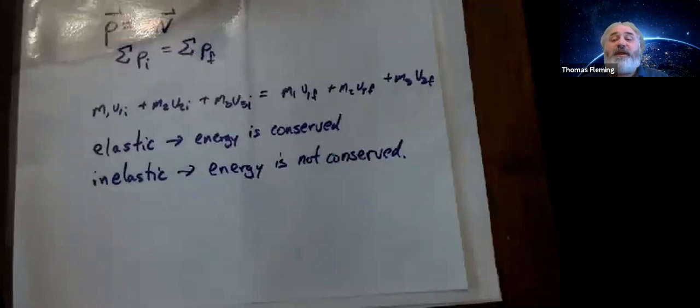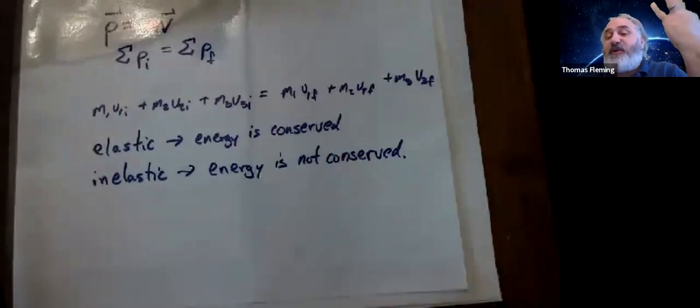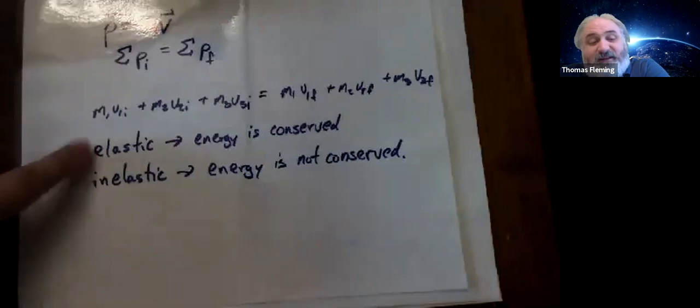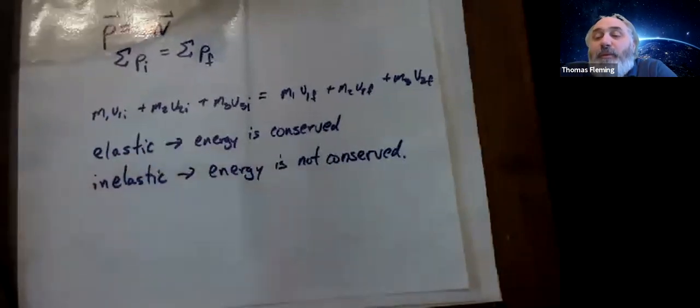So in order for me to give you a problem that's solvable, I might have to give you more information. If I had 3 objects bouncing off of each other, and I wanted you to be able to solve it, and I didn't tell you that it was elastic, so that it might be inelastic, in order for you to solve that problem, I can only have one thing in the equation you don't know.